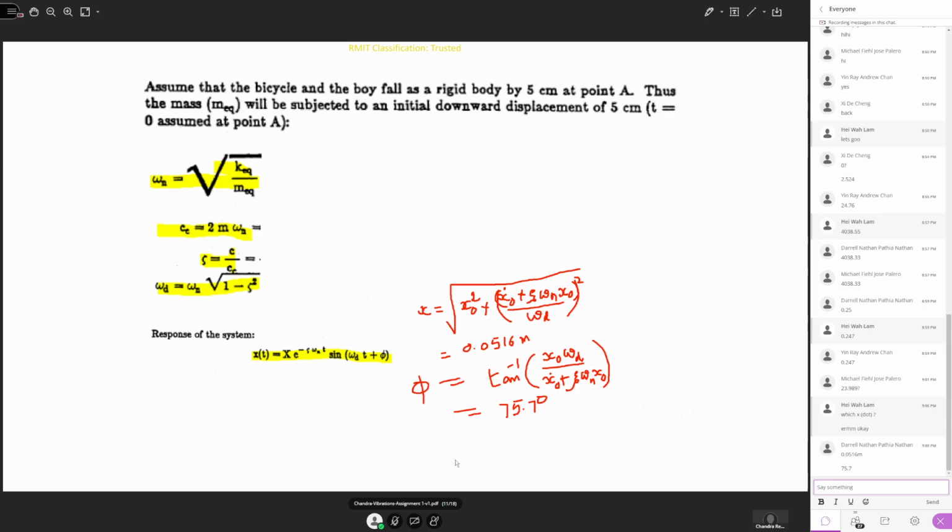Therefore you can use this expression and write the response of the system x, the displacement. That means when the boy is riding over the bike, how his vertical displacement varies with respect to time due to the step, which has a vertical displacement of 0.5 meters. So just replace the values, include everything and write down your final answer.